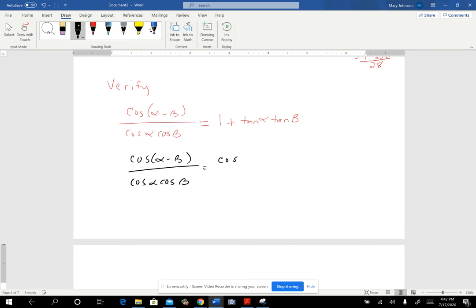That would be cosine alpha cosine beta plus sine alpha sine beta. The cosine ones keep the cosine and the sines together, and then the sign changes. All right, and then it's all over the cosine alpha cosine beta.